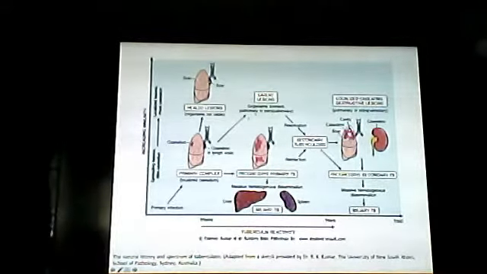Acute respiratory distress syndrome. There are different types, but basically surfactant gets inactivated and you get atelectasis, and you can have rapid shallow breathing, respiratory alkalosis, dyspnea, decreased lung compliance, and unresponsive hypoxemia.